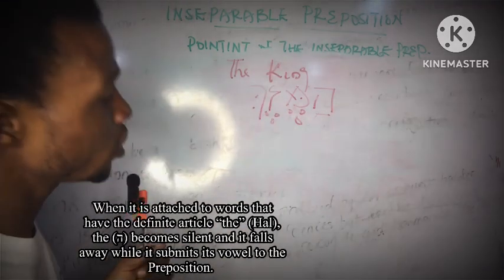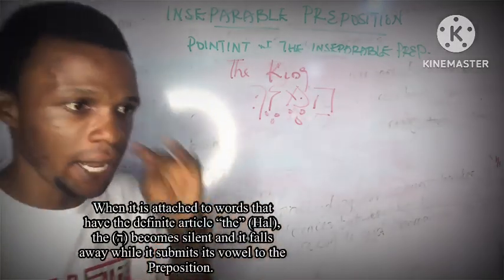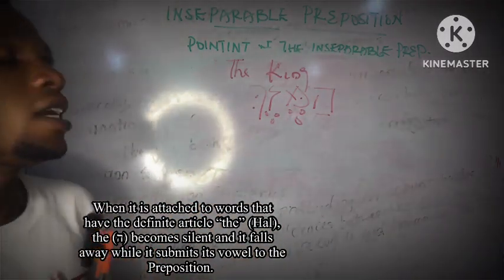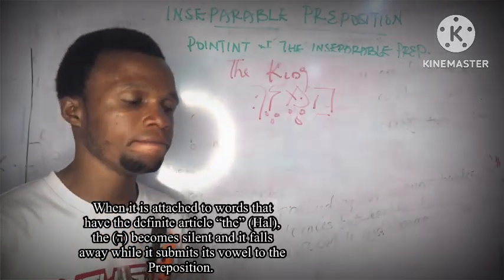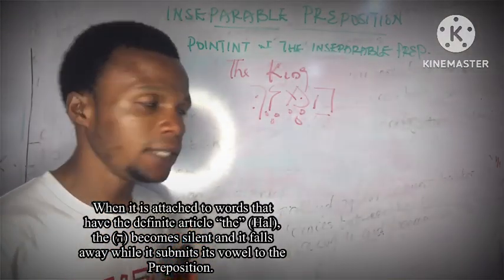So this is a word on its own. Hamelech, that is the king. Now you want to say to the king, in the king, as the king. So how do you write it?